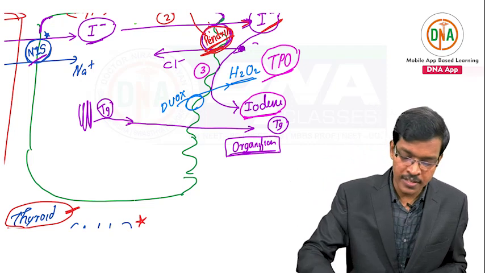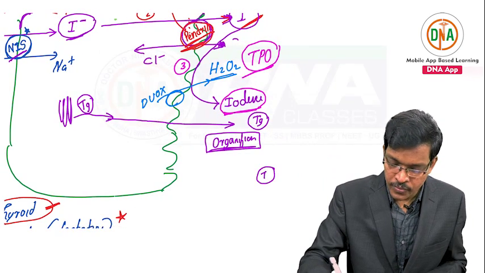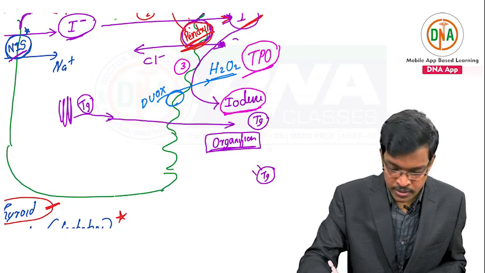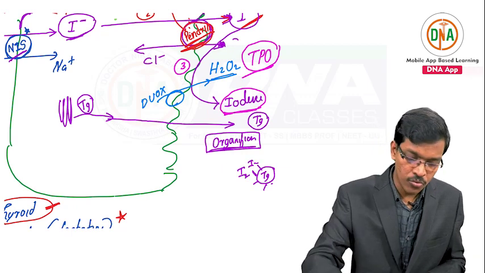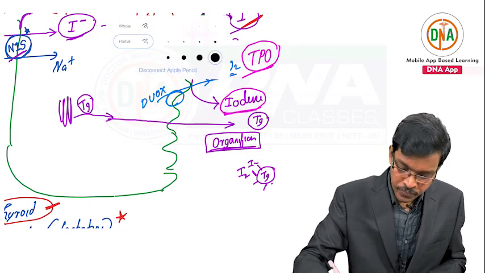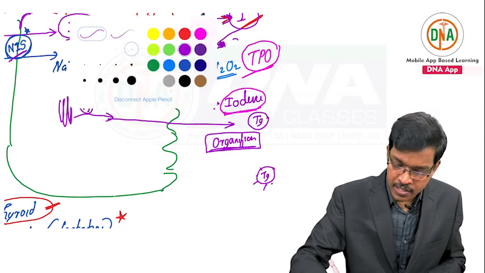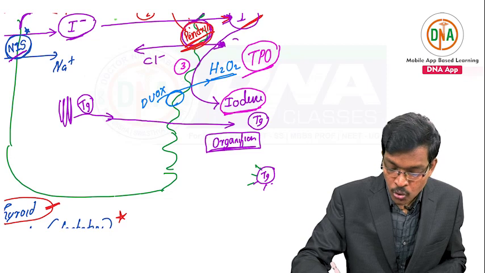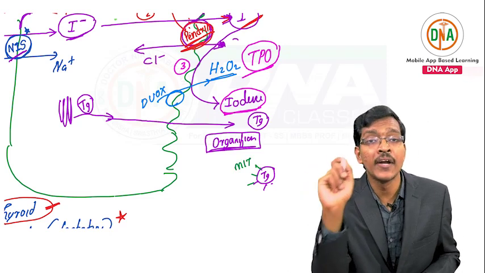So, we have thyroglobulin, and the tyrosine residues will be added to iodine. That results in the formation of monoiodotyrosine. When one molecule of iodine is added, we get monoiodotyrosine.